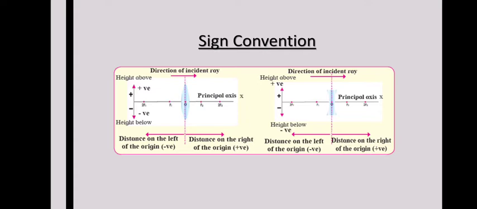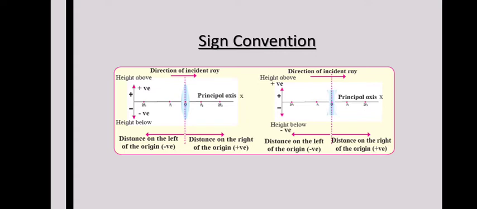If you are going below the principal axis, you will write the values in minus. If you are going above the principal axis, you will write in positive. Got it? Got the point, students?